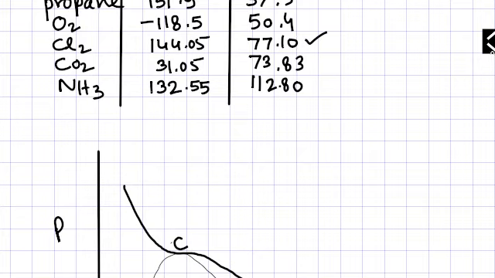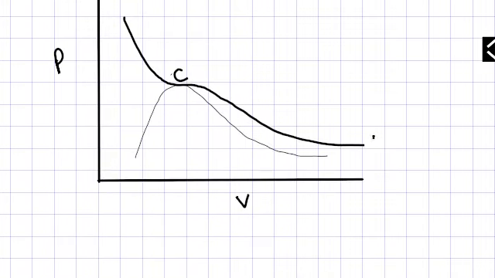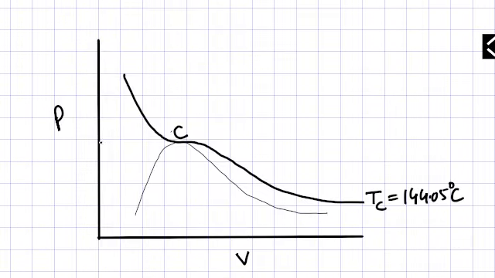The critical temperature of chlorine gas is 144.0 degrees centigrade, and the pressure is 77 bar. This pressure is 77 bar, in bar.